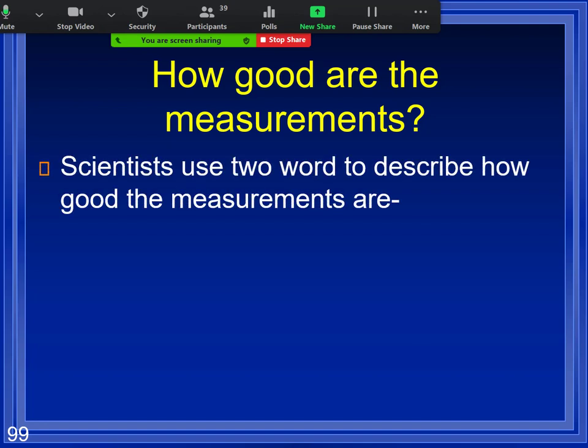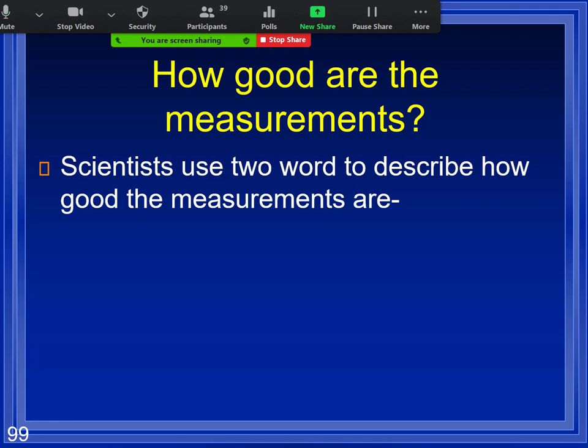And they use two different words to describe their measurements. And the problem is, these words have been taken over by other people, and in other places, they're used interchangeably. But they mean different things in a science class. The two words are accurate and precise.